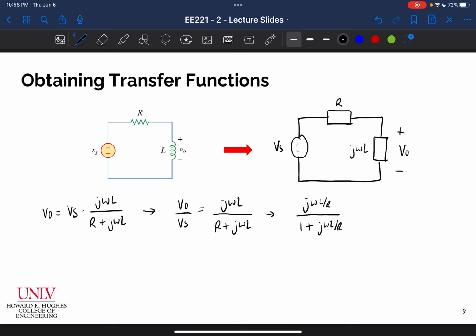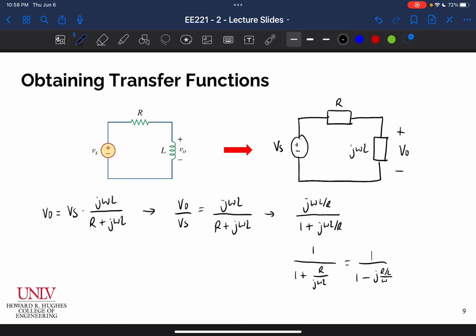I could have also divided the top and the bottom by j omega L, in which case I would get something like 1 over 1 plus, or I guess in that case it would be minus, but it would be 1 plus R over j omega L, which would be equal to 1 over 1 minus j R over L over omega, or something like that.